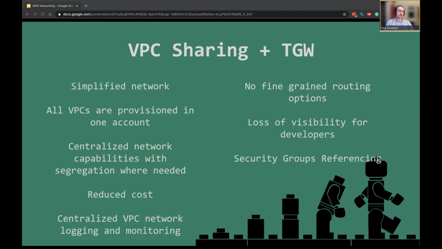It also means my security group is visible in the networking account, which, from a networking and security point of view, having a view of all security groups in one place and all ENIs in one place is very attractive. It also means all VPC flow logs sit in one place. By default, we forward all of these logs to a central place in any case, but we don't have to build as much tooling now to get to that point, because everything is in one account already.